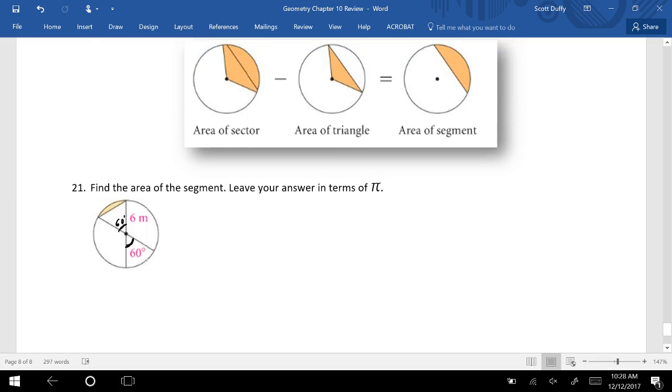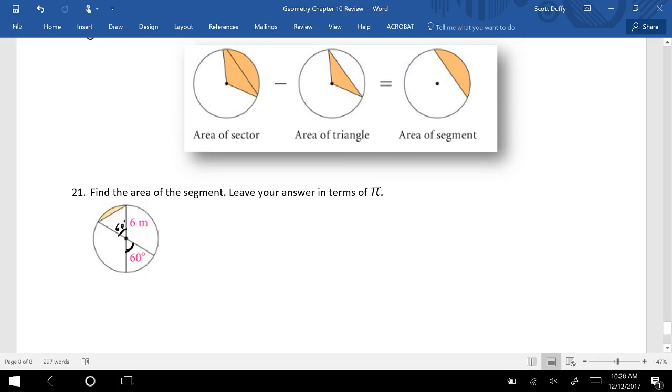So, area of a sector is equal to the measure of the angle over 360 times pi times the radius squared. Area of a triangle is equal to 1/2 times b times c times the sine of a, the angle. When we find these two quantities, we will subtract them.